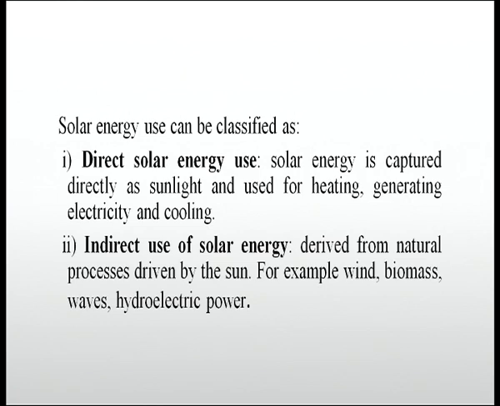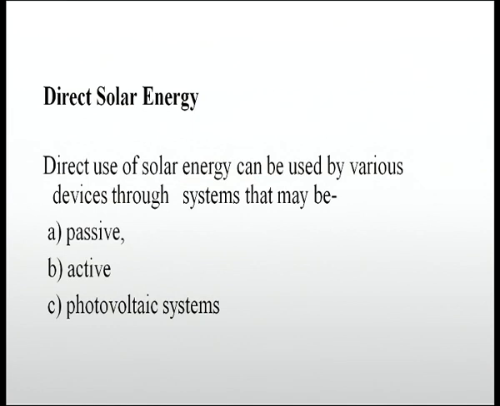The second way is indirect use of solar energy, which is derived from natural processes driven by the sun, for example wind, biomass, waves, hydroelectric power. Direct use of solar energy can be made by various devices through systems that may be passive, active, or photovoltaic. So, we will first go to passive solar energy.